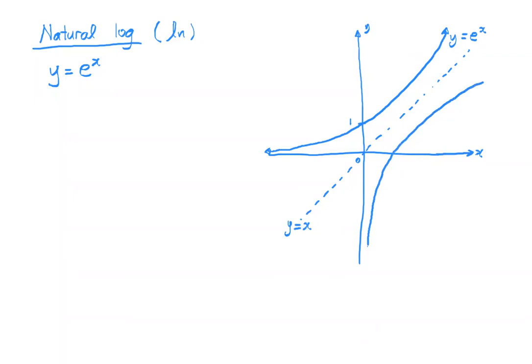And this is 1. So for this function, it has a horizontal asymptote. For this function, it has a vertical asymptote.